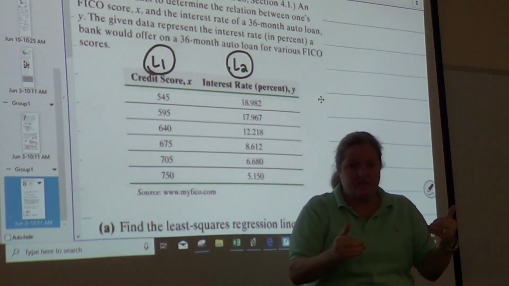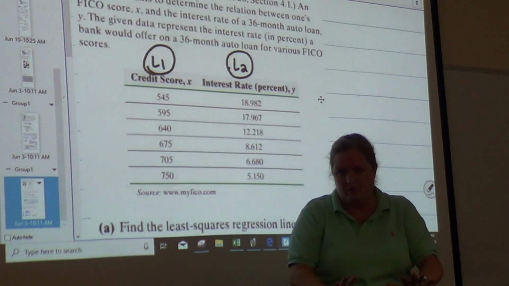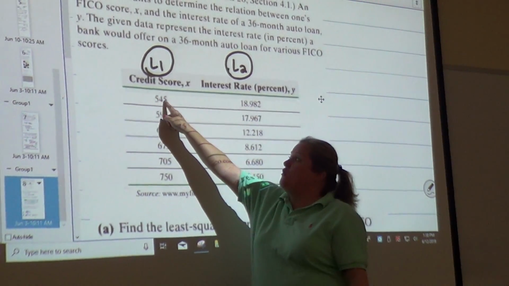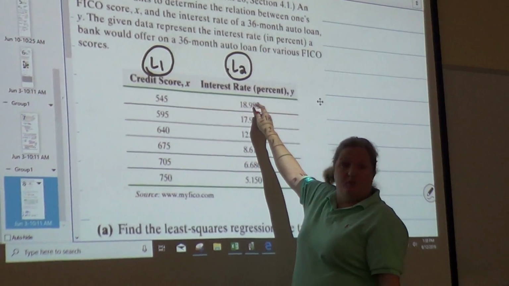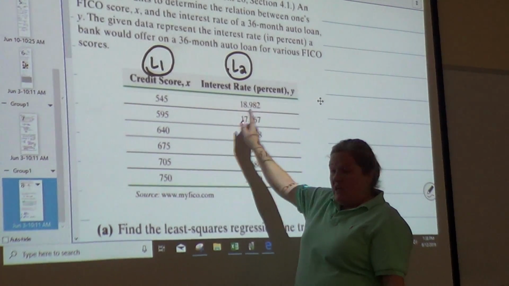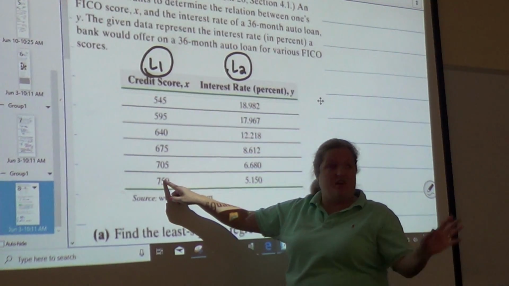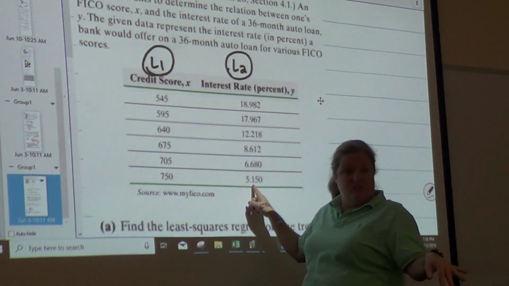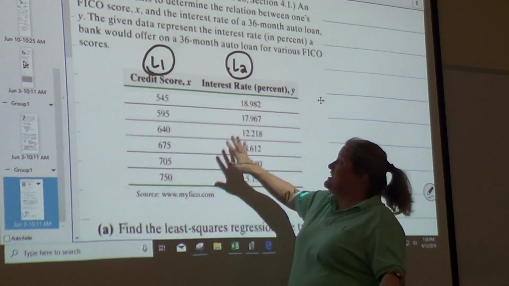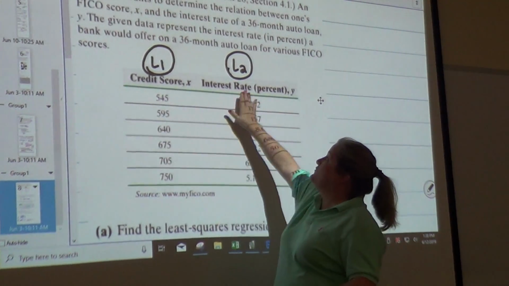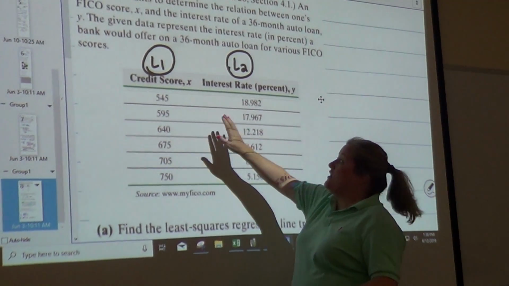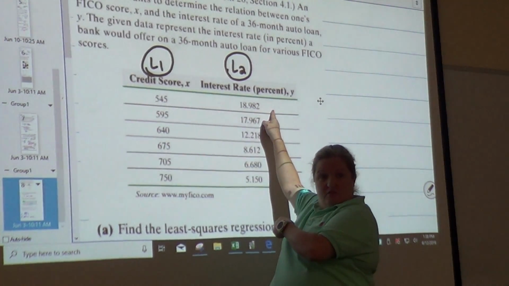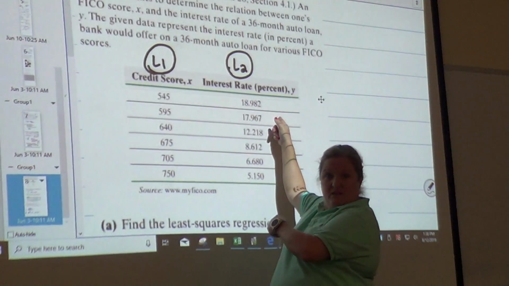If you don't, your credit score is going to be low, and they're going to jack up your interest rate. If you have a high credit score, they're like, we trust you, we're not going to charge you much interest. So this tells me credit scores versus interest rate. Your credit score causes your interest rate.